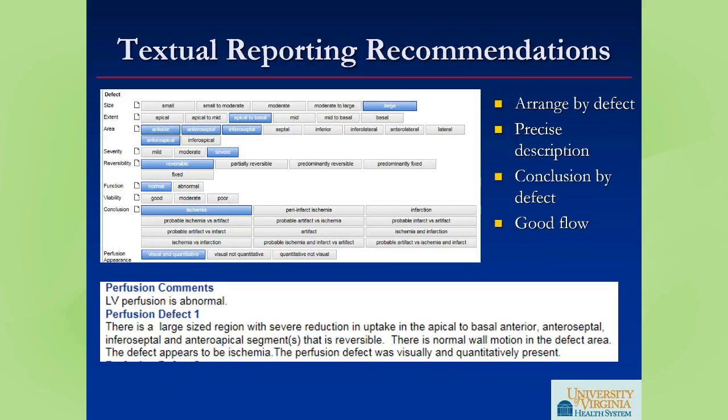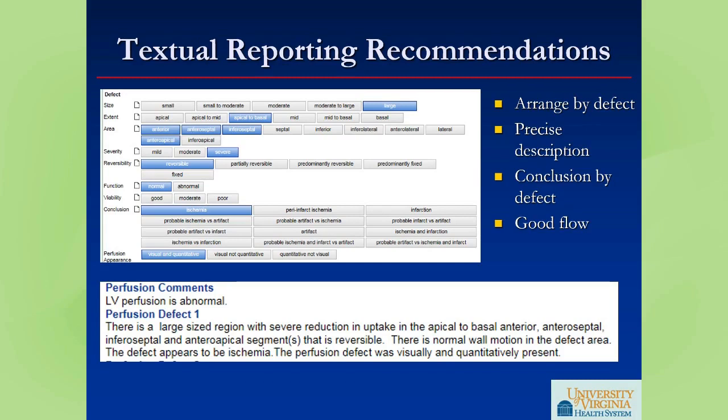So I just wanted to bring up a couple of additional thoughts that I had in terms of what you might provide in an interpretation of cardiac PET. So this is what our reporting software looks like.